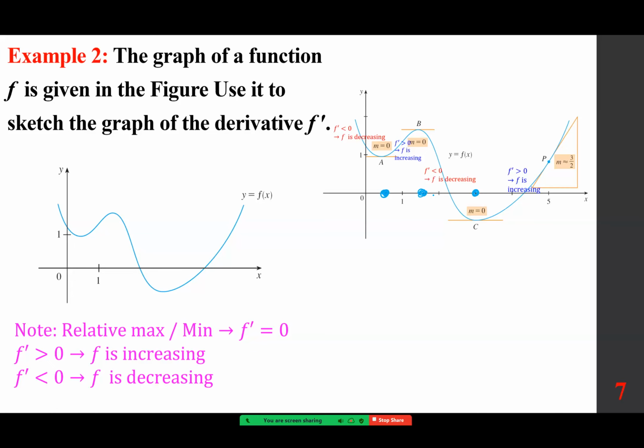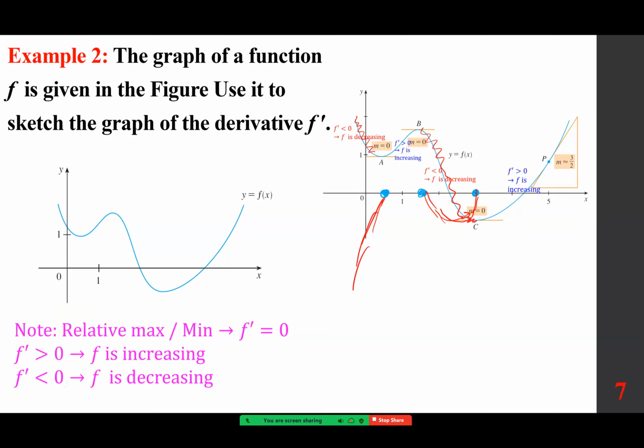So we said this portion is decreasing, so it has to be below the x-axis. And this portion is decreasing, so it's below the x-axis. But remember, at point C, it comes back to 0, so roughly that.